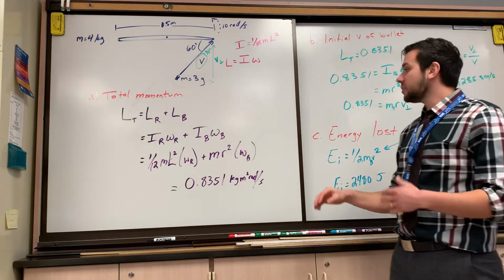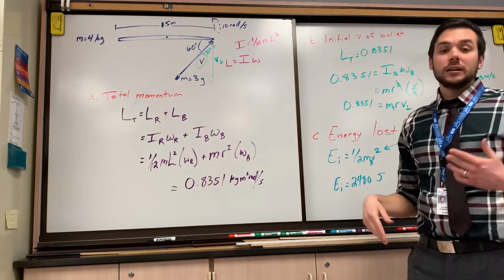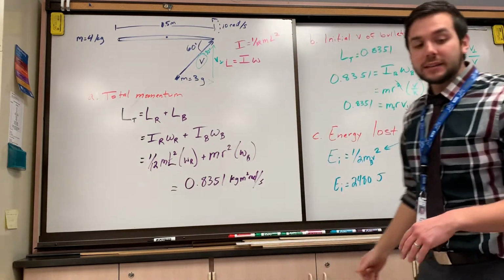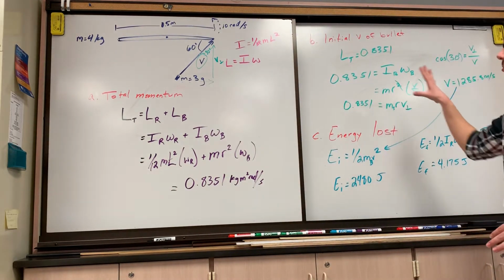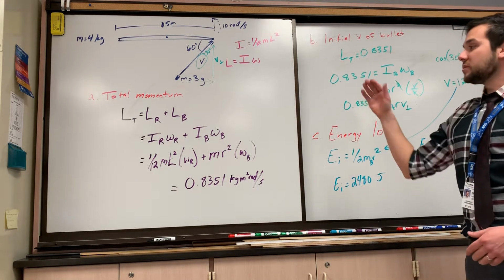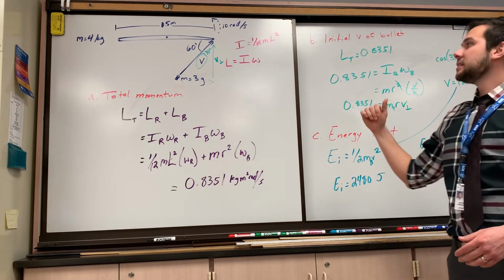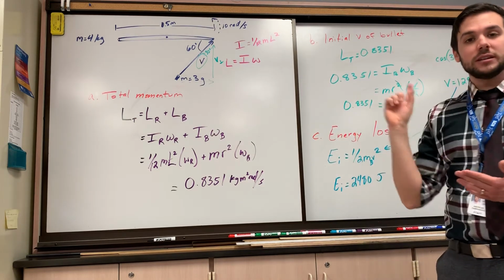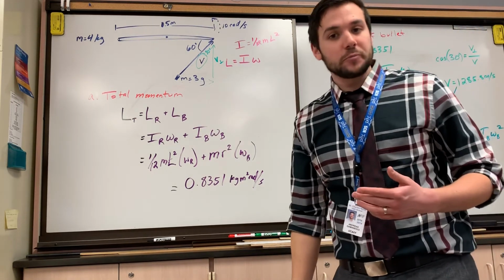So hopefully this was helpful in terms of thinking about conservation of momentum now in a rotational dimension, and also applying a couple of different ideas in terms of momentum and energy lost, and how we can take an object that has a translational velocity and convert it into a rotational value. Thanks.